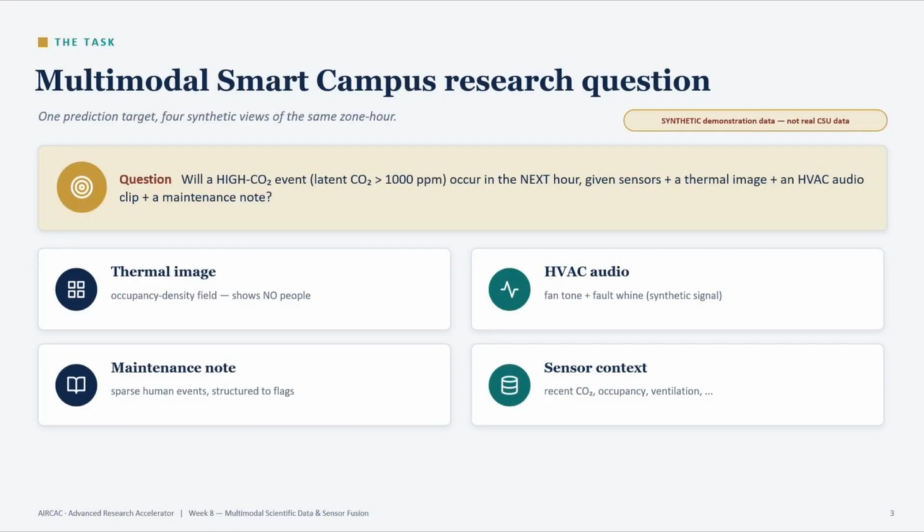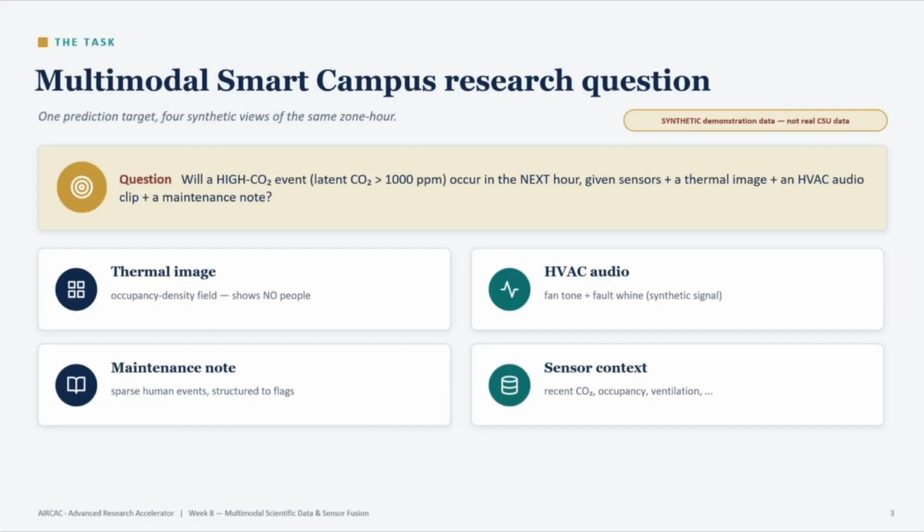We have a synthetic HVAC audio signal representing the fan behavior or possible equipment faults. And finally, we have synthetic maintenance notes describing events such as filter replacement and fan vibration.